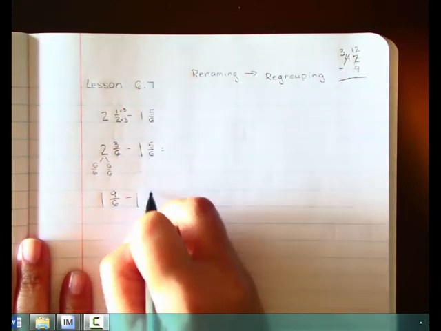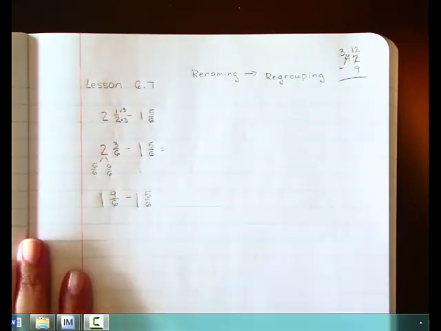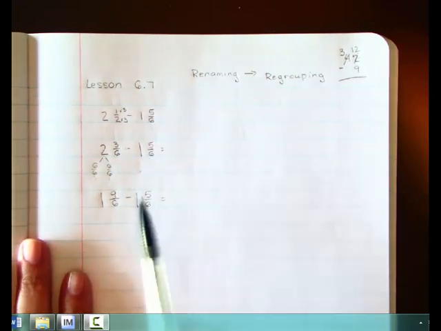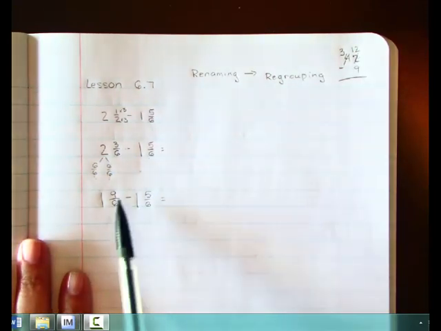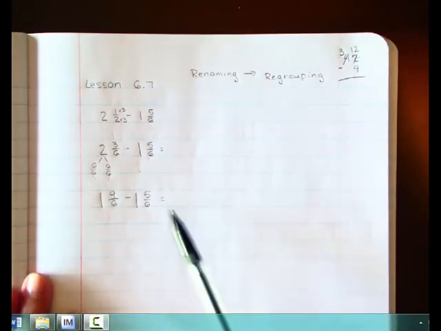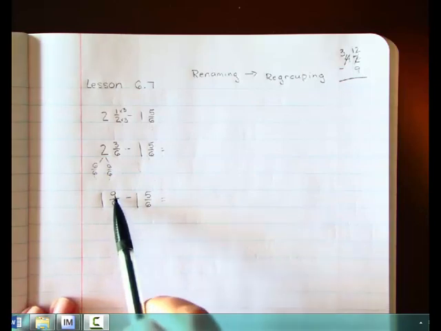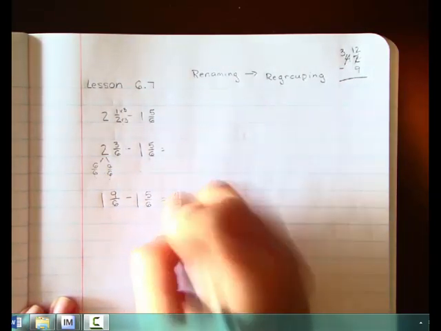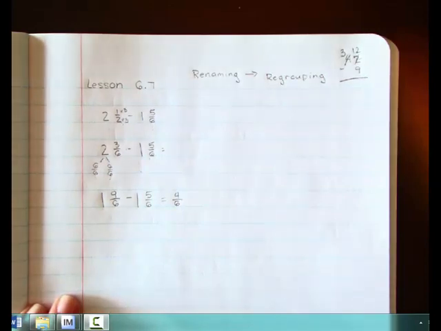And then I'm going to subtract. That fraction stays the same. So now I'm able to subtract these because I can now take away 5 from 9. 1 minus 1 is 0, so there's no whole number. 9 minus 5 is 4, and my denominator stays the same.